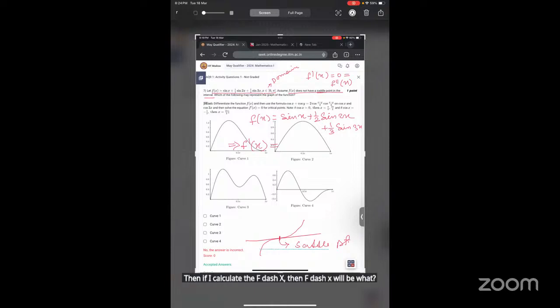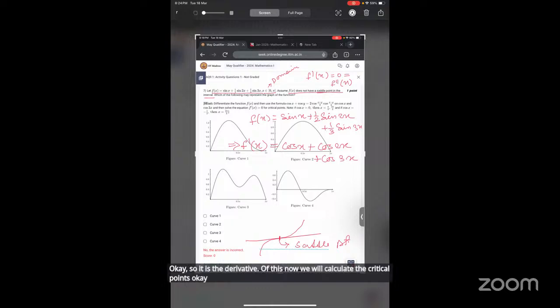Cos x plus, 2 cos 2x by 2 will go, so it will again be cos 2x, and cos 3x. Okay, so this is the derivative of f.